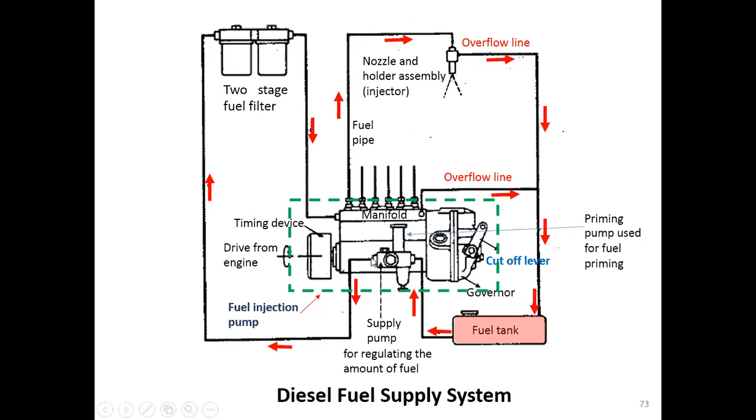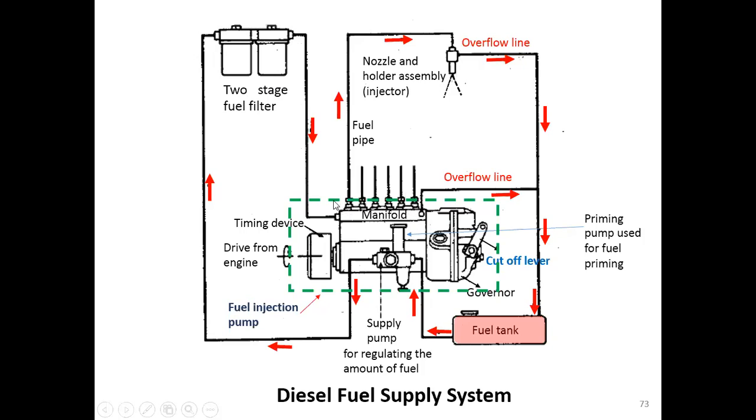Then the pump gives high pressure to the fuel, and the fuel will go to the fuel filter to filter out all the dirt in the fuel, and then go to the manifold here.